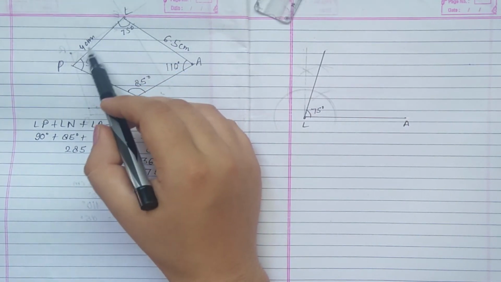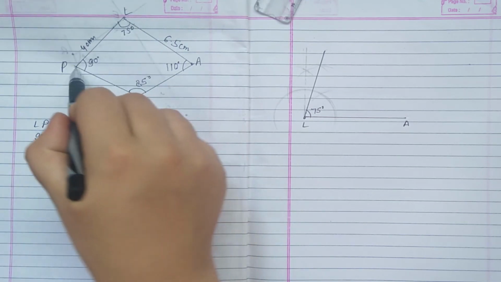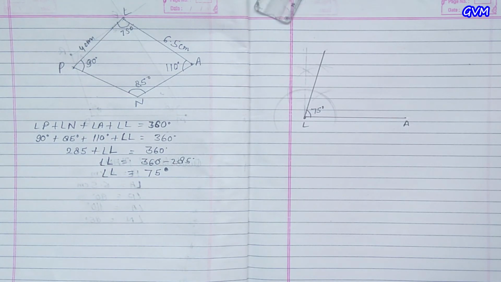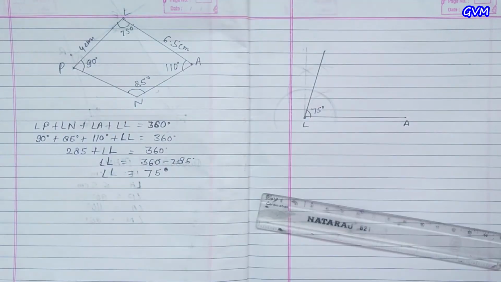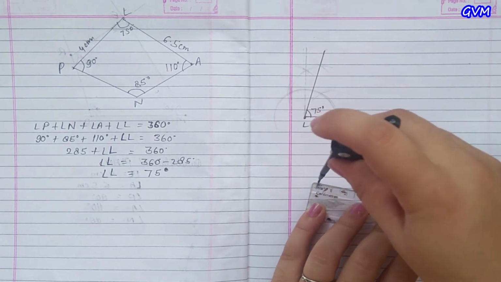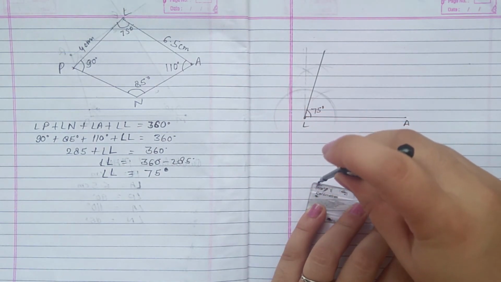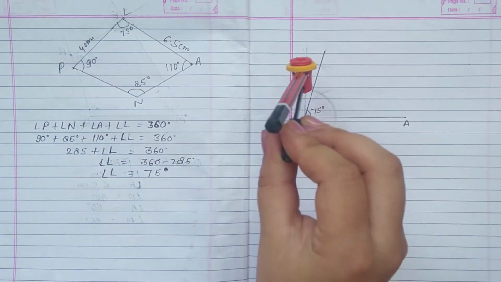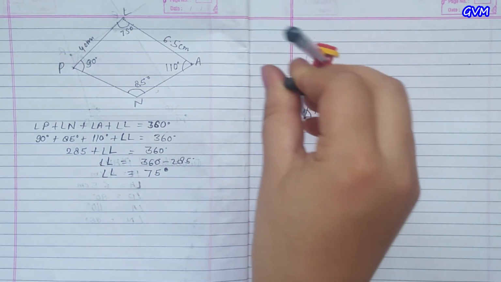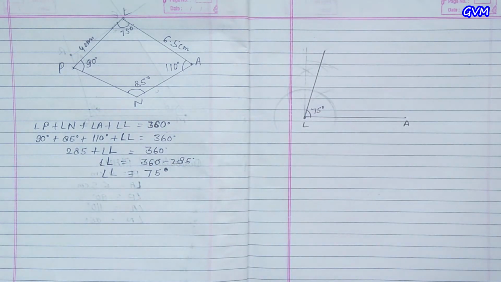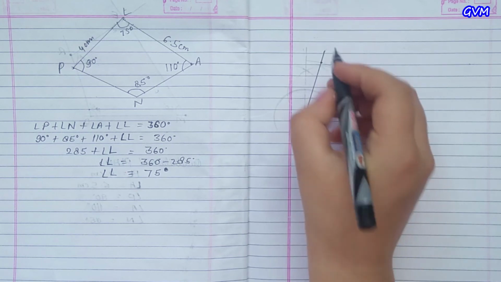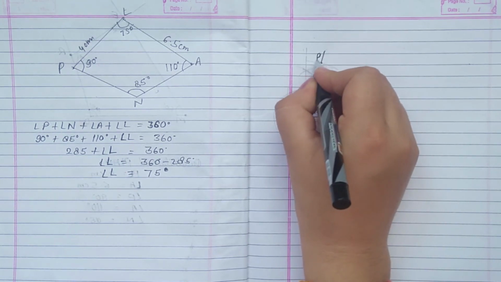Now make a 4 centimeter arc so that this line will give us this point P. Okay, so take the measurement by putting the needle of the compass at 0 and then the pencil at 4. Okay, so put the needle at L and mark an arc over this line. Now this arc is intersecting this line at this point. That means this point is point P.